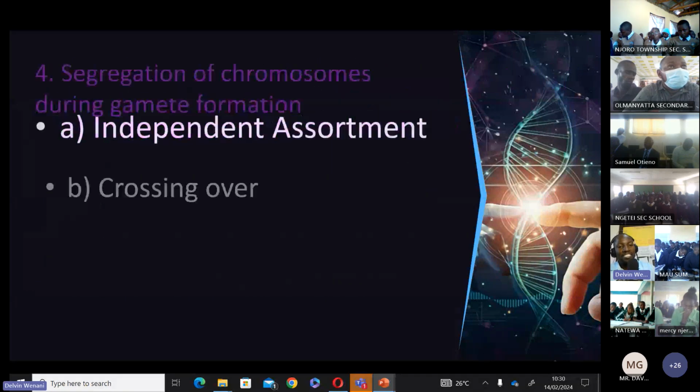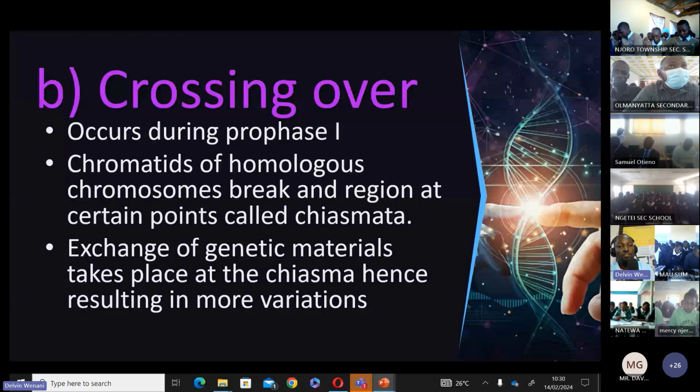Next, I look at crossing over. Crossing over occurs during prophase 1. The other one was occurring during metaphase 1, but crossing over occurs during prophase 1. In crossing over, chromatids of the homologous chromosomes usually break and rejoin. They rejoin at a point we normally call the chiasmata.